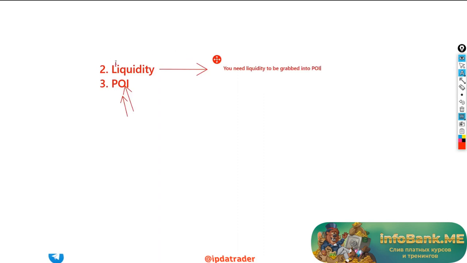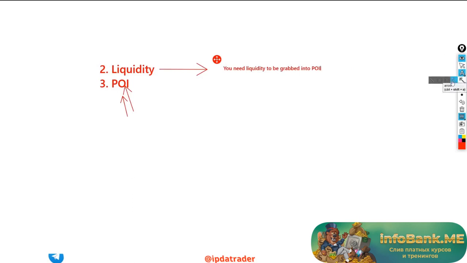You need some sort of liquidity. Any liquidity type is valid. As I said, there's two different types of liquidity, hidden and visible. You can go back to that video for that information, but any type of liquidity is valid for this rule to be fulfilled. So anytime you have liquidity into your POI, your liquidity rule is fulfilled.